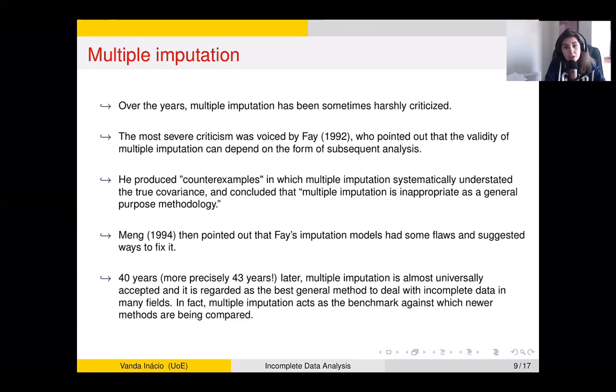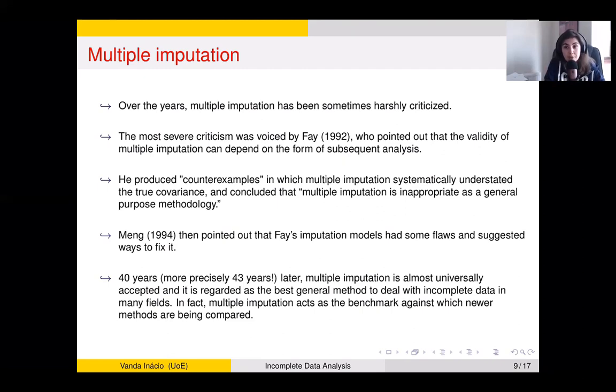But fortunately, Xiao-Li Meng in 1994 showed that the counterexamples that Fay produced, on the basis of which he recommended not using multiple imputation as a general purpose methodology, had some flaws, and we will come back to this in the last video of this week. But basically, in our imputation models we need to preserve some relationships that will be used later in our analysis model.